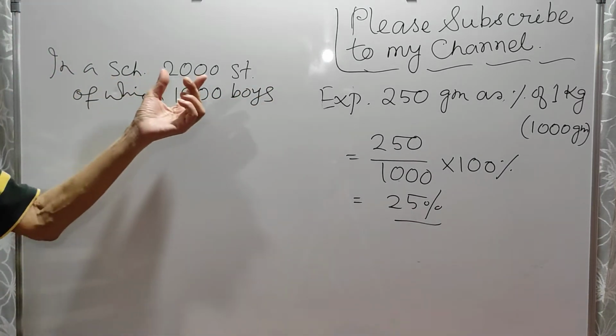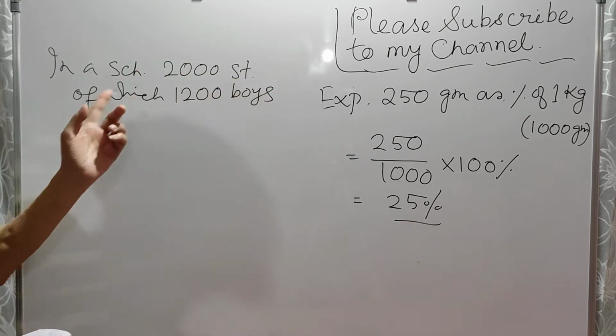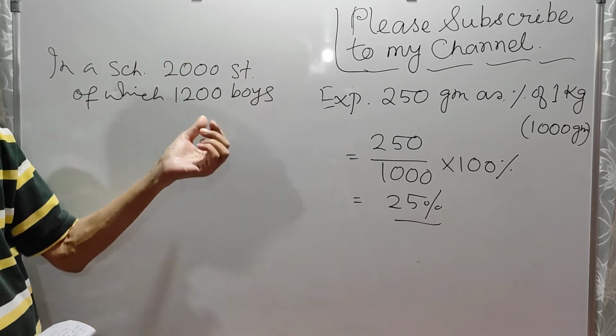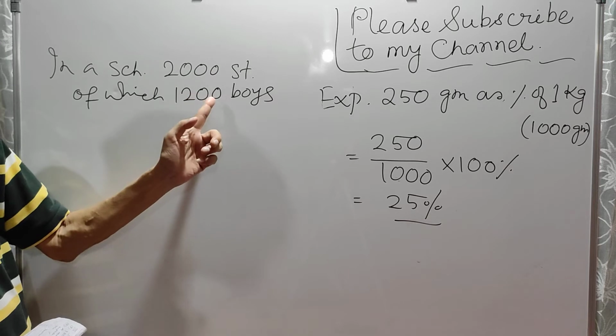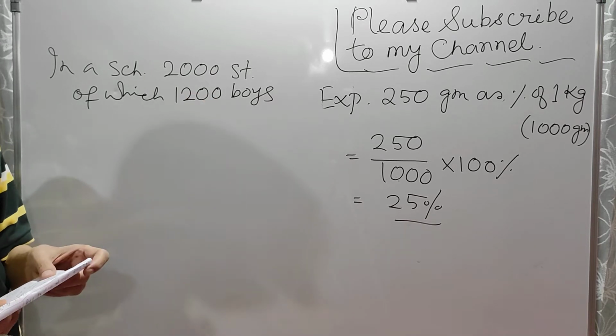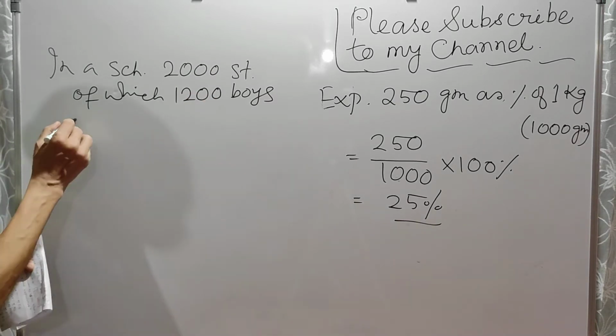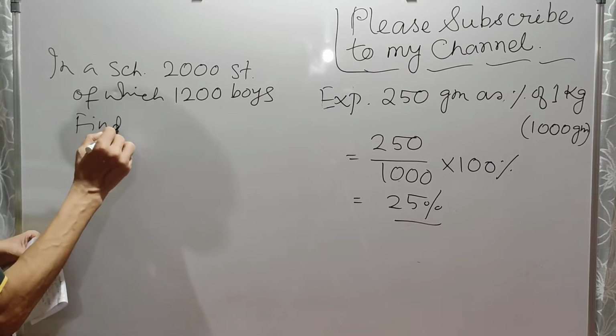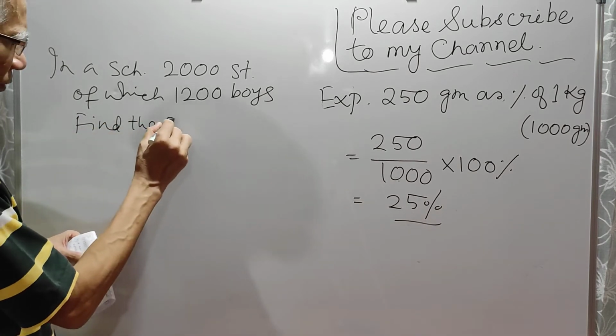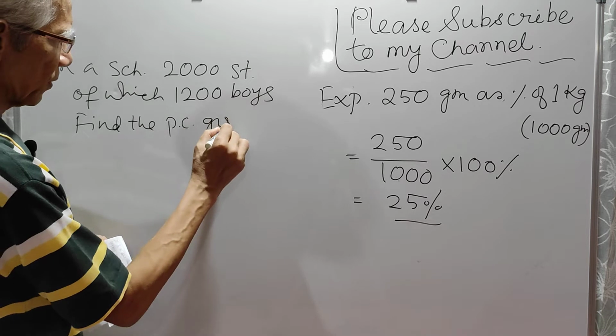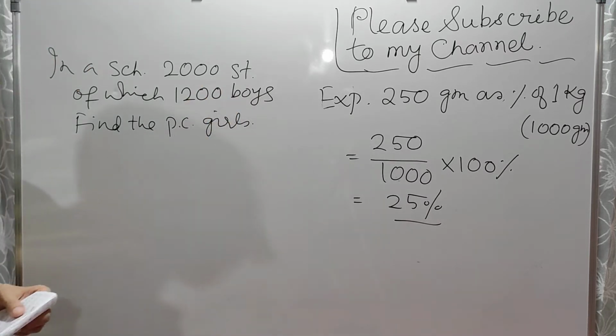So in a school there are 2000 students, and out of these 2000, 1200 are boys. That means how many girls? 2000 minus 1200 is 800 girls. Now the question is, find the percentage of girls in the school.